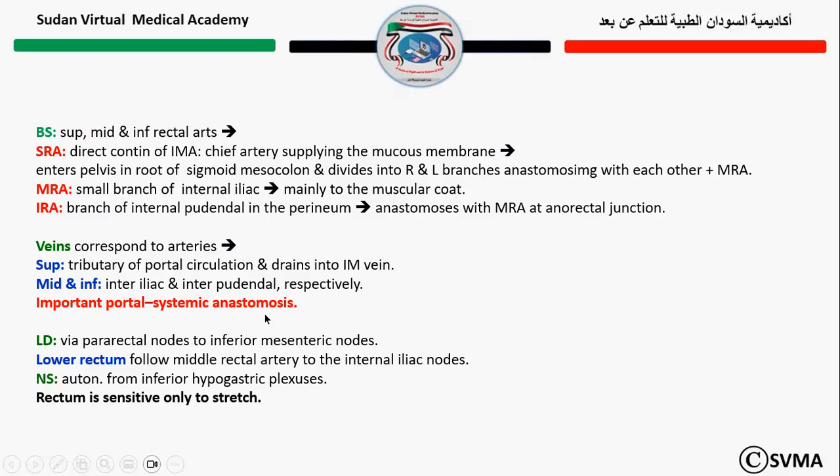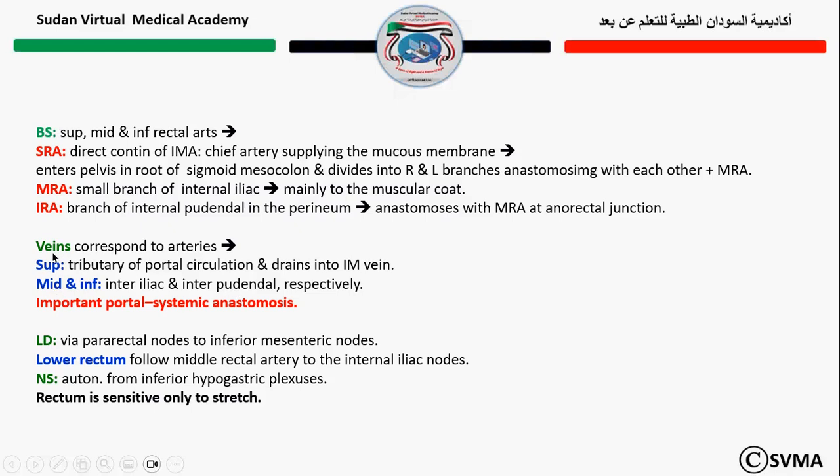I'm not going to talk about that now, but this is a very important clinical significance, like the esophageal varices, where the portal vein meets the systemic veins, called portosystemic anastomosis, and one of them is formed here, because the junction of the tributaries of the middle, inferior and superior veins form an anastomosis, and part of this will go to the portal circulation through the superior, and part will go to the systemic circulation.